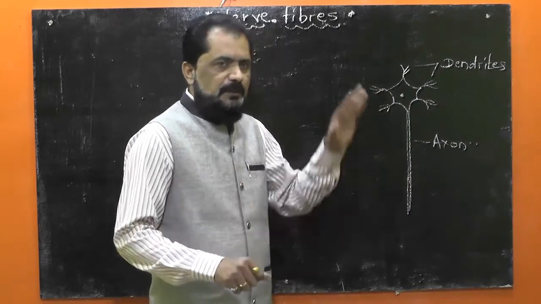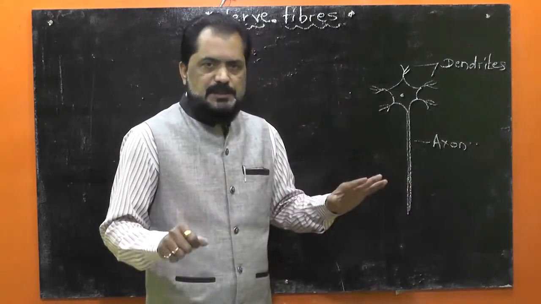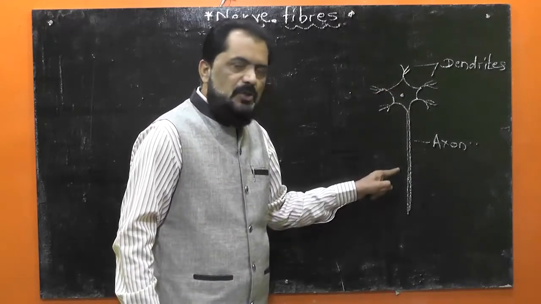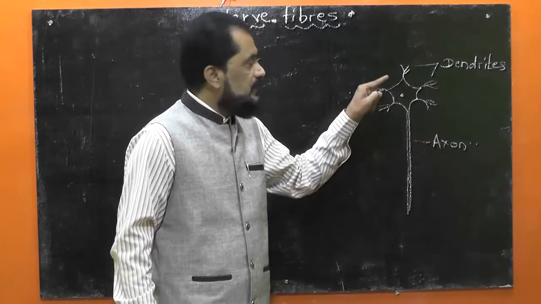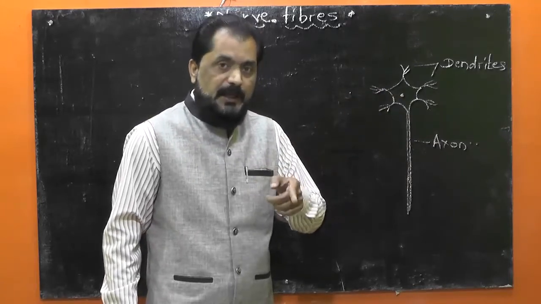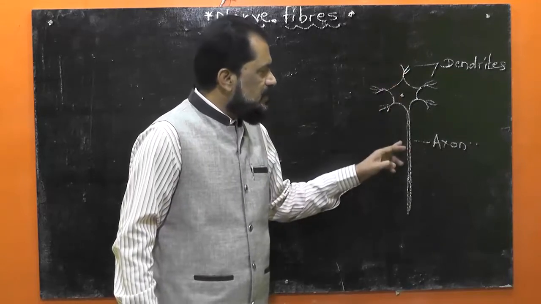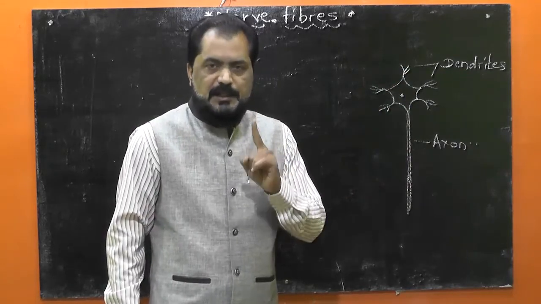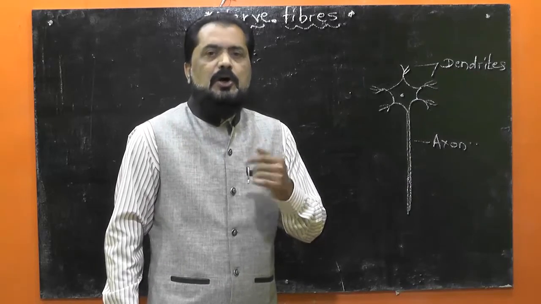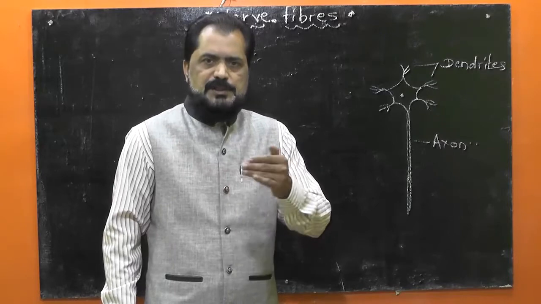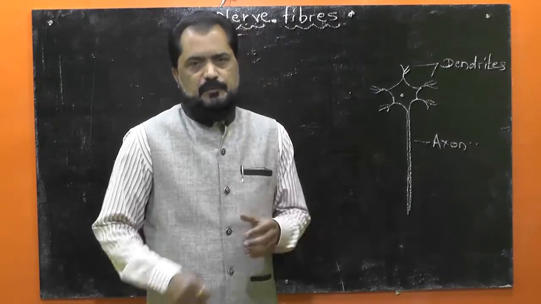And therefore the nerve fibers means these are the dendrites or axon arising from the cyton or cell body of neuron, and these dendrites and axon are covered either by a single covering, single sheath, or maybe double sheath, about which we are going to discuss in detail just after a few minutes.